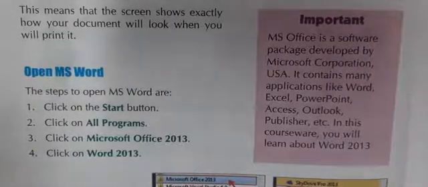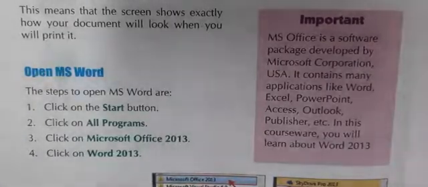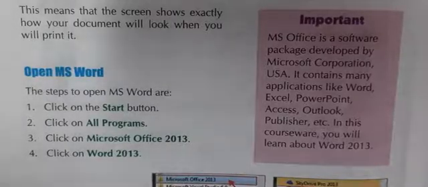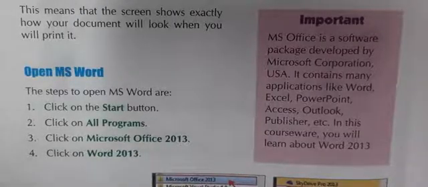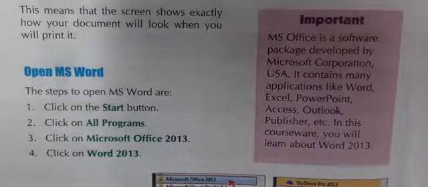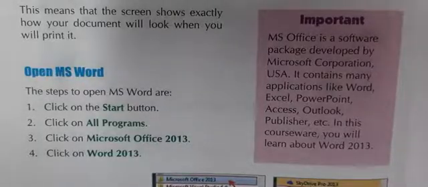A package means a group of programs. So a software package contains many programs or software. MS Office contains many programs or applications like MS Word, MS Excel, MS PowerPoint, MS Access, MS Outlook, MS Publisher. In this course, we will learn about MS Word only.